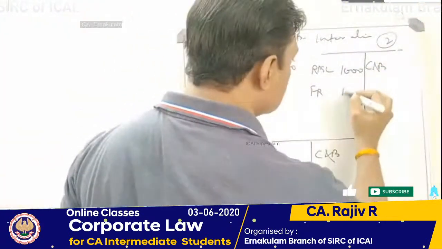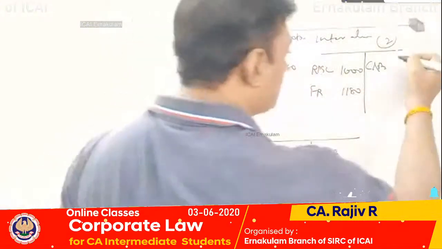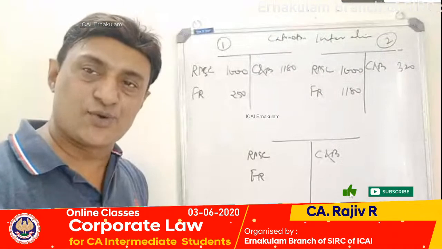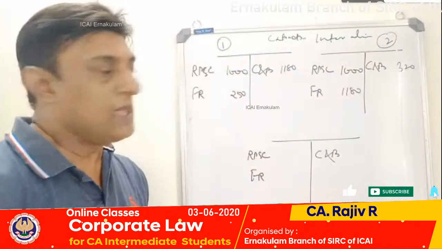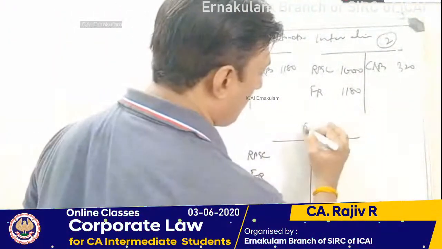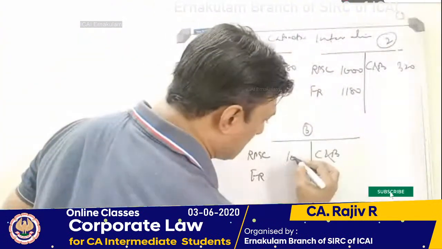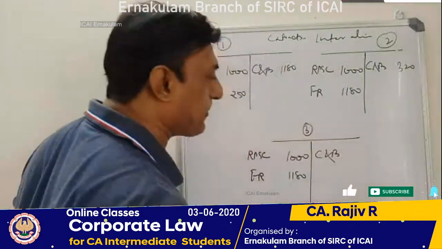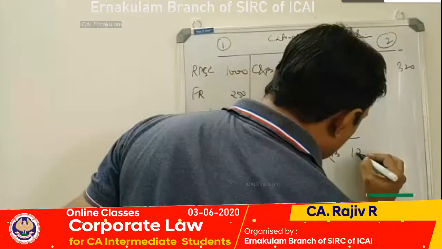Free reserves is 1,180. Cash and bank balance is 320. You can take it in anything, thousands, lakhs, crores, whatever. Balance sheet 3: redeemable preference share capital 1,000. Free reserves 1,180. Cash and bank balance 1,240.